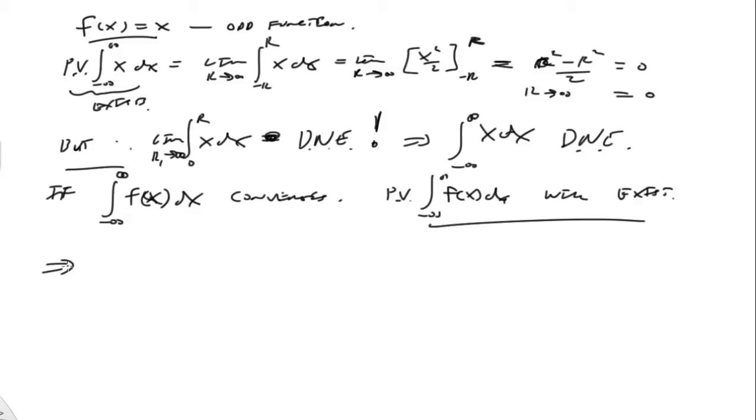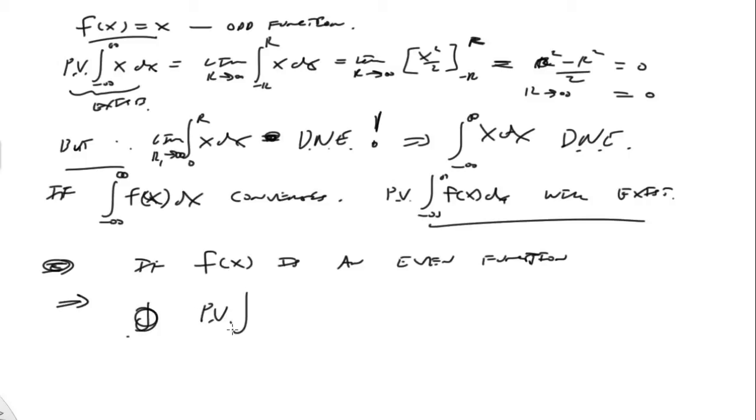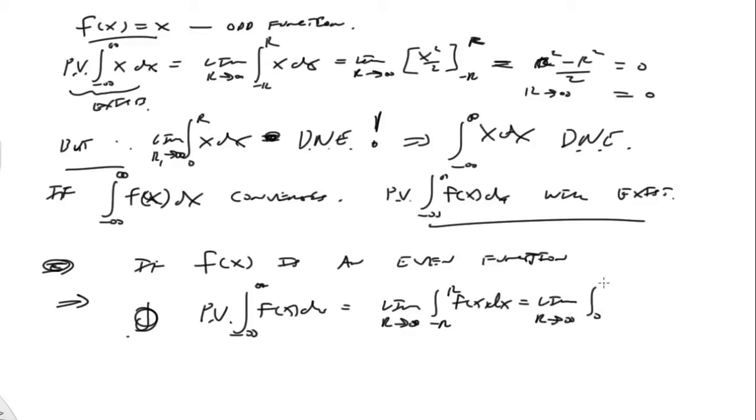But one sort of corollary is that if f of x is an even function, then if I write down the principal value as the limit as r goes to infinity of the integral from negative r to r of f of x dx, I can rewrite that as the limit as r goes to infinity of 2 times the integral from 0 to r of f of x dx.